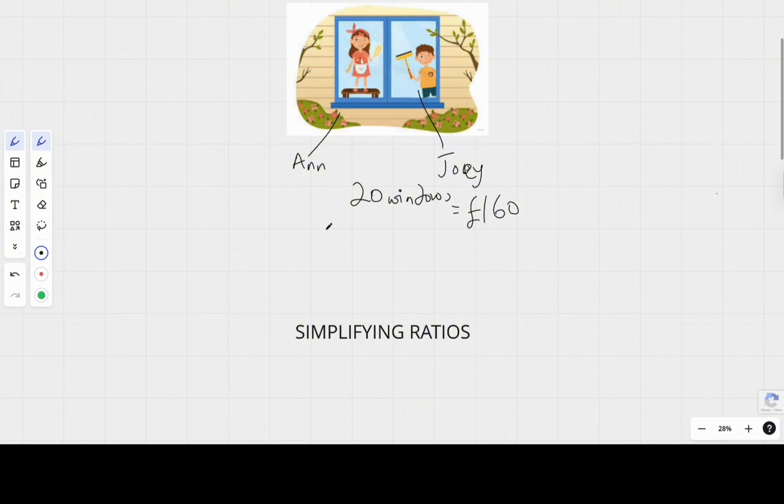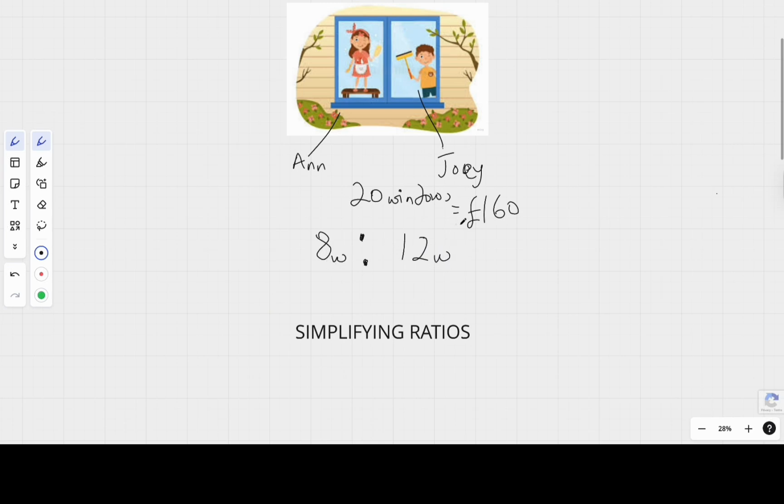Ann cleans 8 windows, Joey cleans 12 windows. If you want to write that as a ratio, it's going to be 8 colon 12. So this means Ann cleans 8 windows, Joey cleans 12 windows.